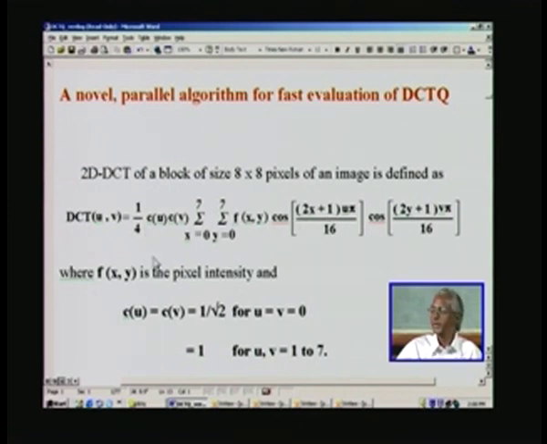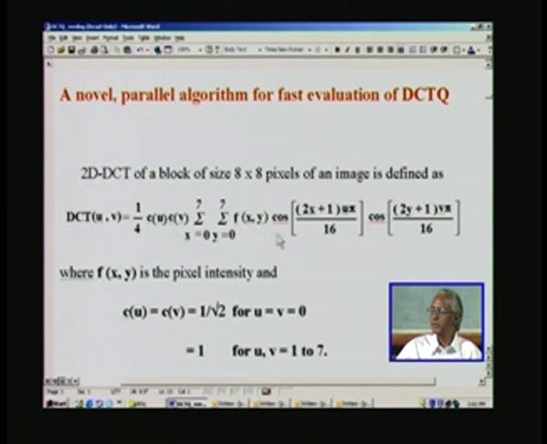This is the basic definition of DCT, and u and v are likewise 0 through 7. That means you have a total of 64 combinations, 8 into 8. This is called a DCT coefficient. If you take one block of image consisting of 8 by 8 pixels, out come 64 coefficients.